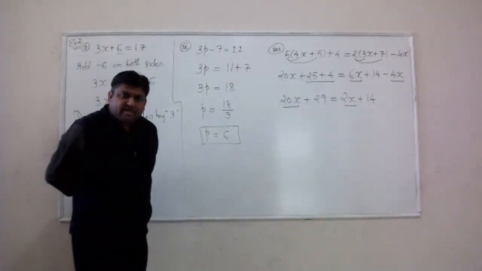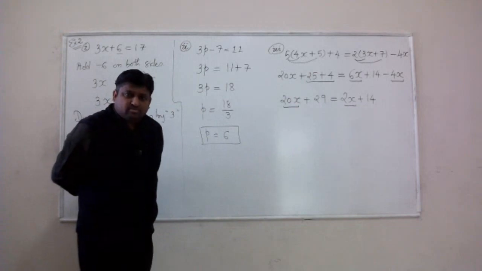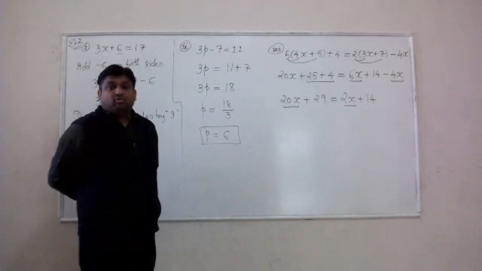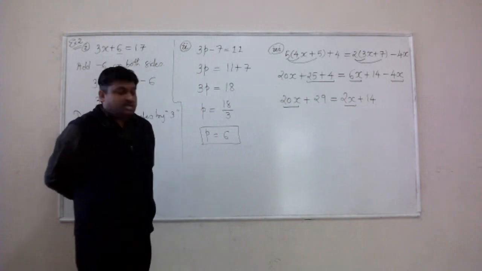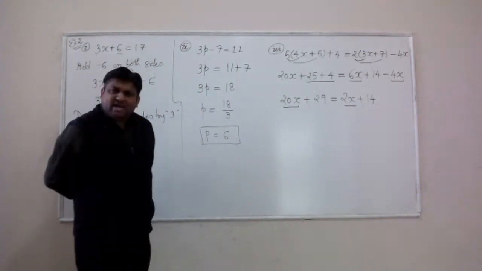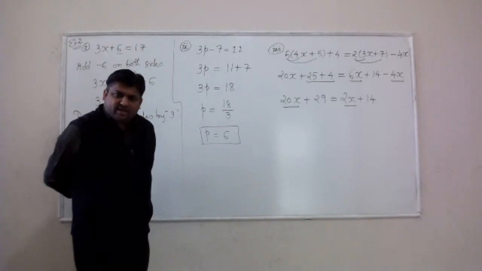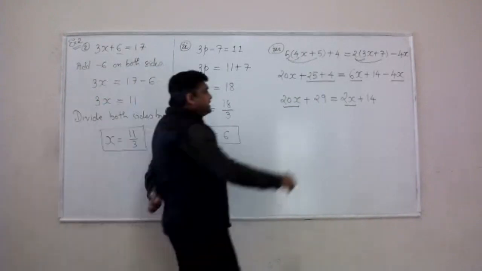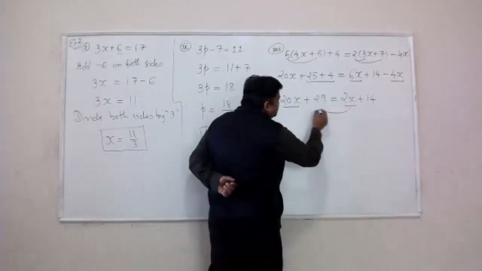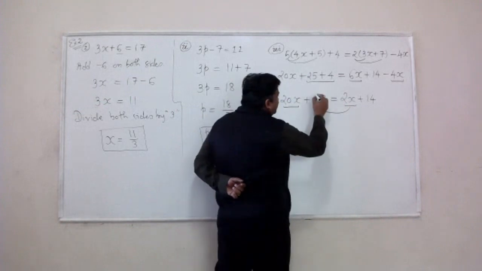To isolate variable x, I need all the like terms on one side. So what I want you to do next is separate like terms by means of equality. Meaning, move this 2x over to the left side.